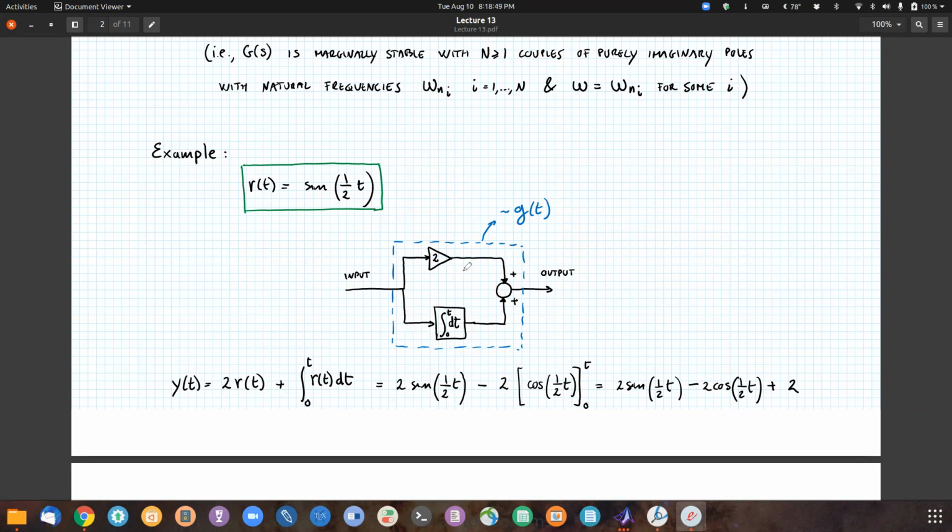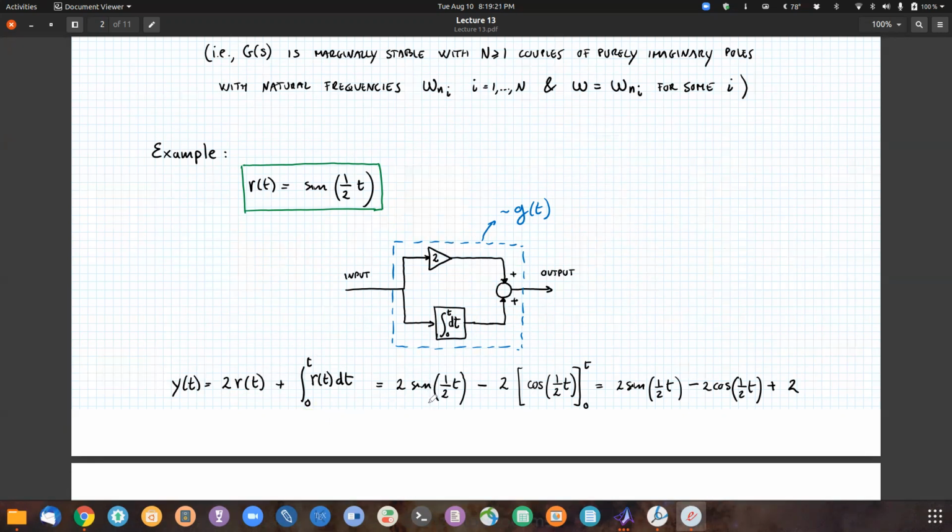This would be easier to do in the S domain, but we can also do it in the time domain. The only operations that you can actually perform when you're dealing with linear systems is multiplication by a scalar, addition, integration, or derivation. So let's build up the output. So we have 2 r of t plus the integral of r of t in dt.